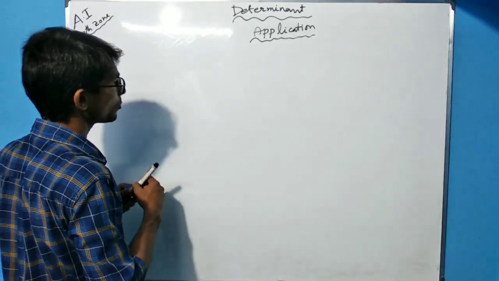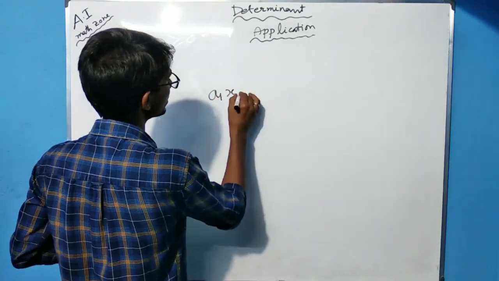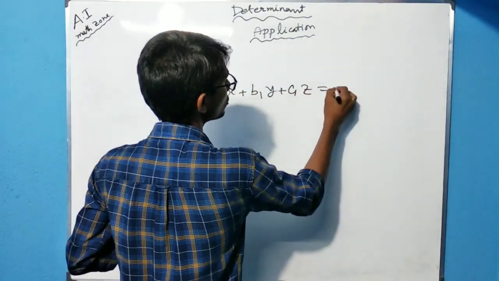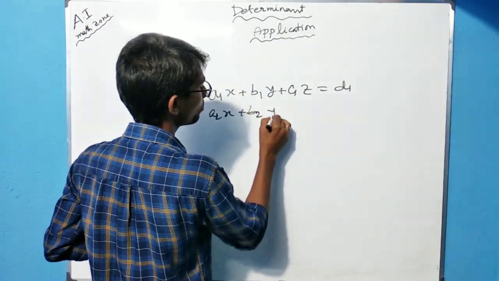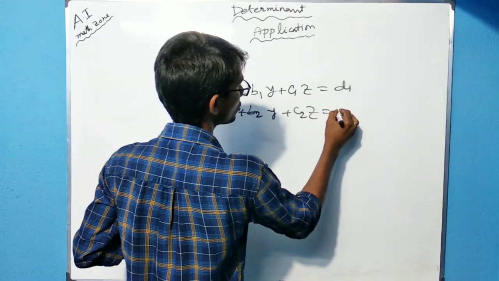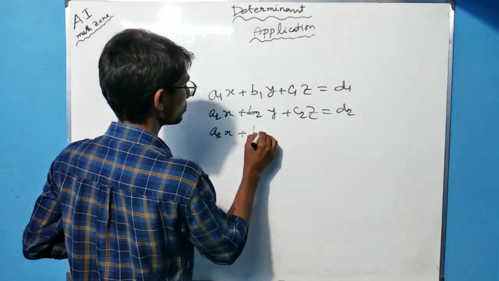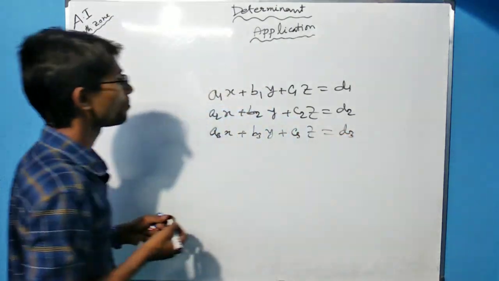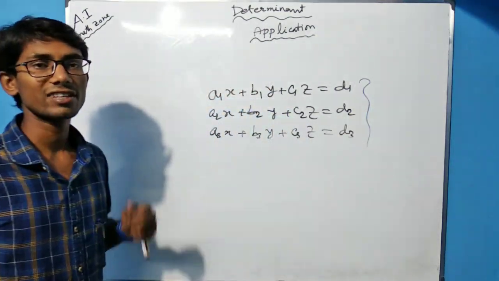Suppose a system of linear equations is given by a1x + b1y + c1z = d1, a2x + b2y + c2z = d2, and a3x + b3y + c3z = d3. Then this system can be expressed in matrix form.